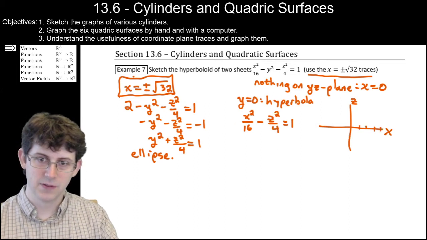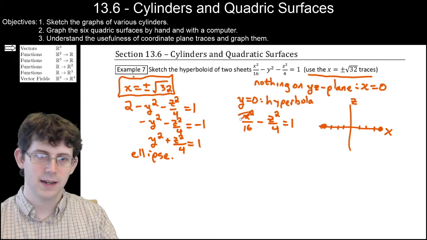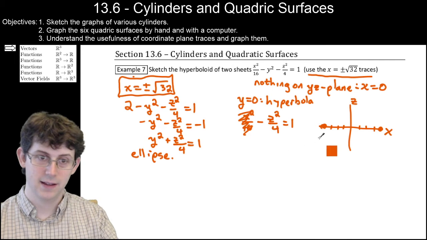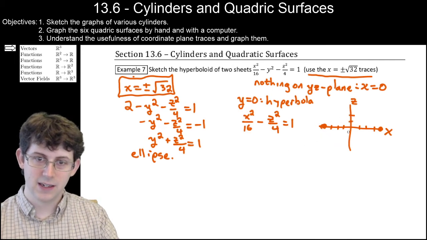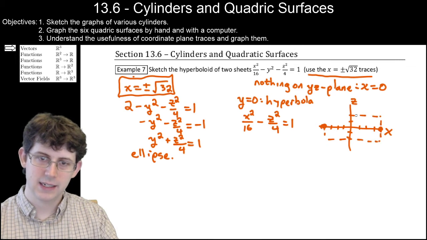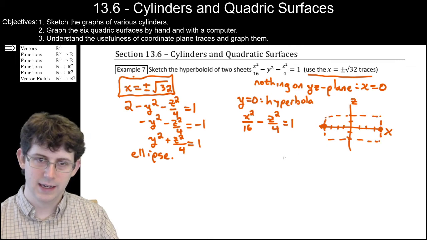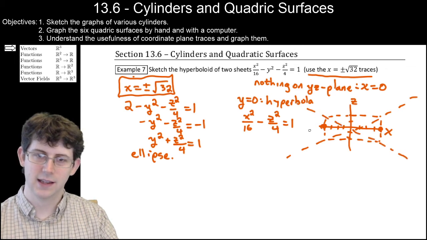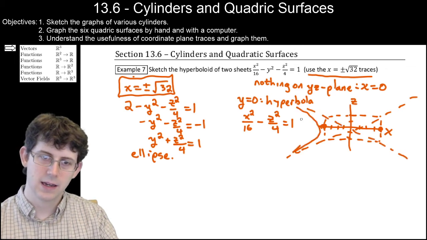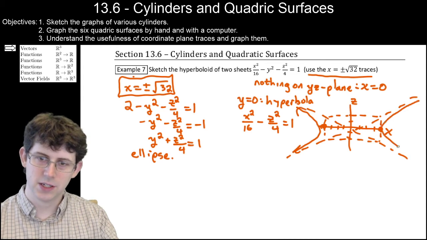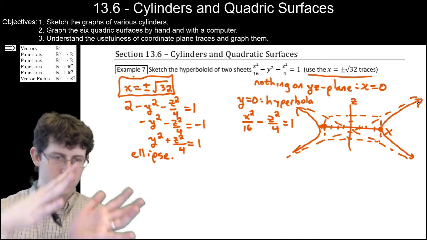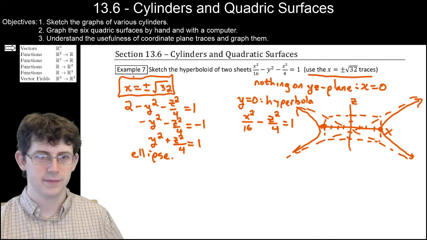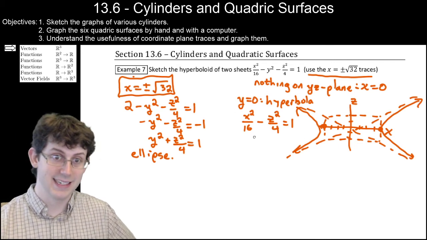That's out at x equals 4 and x equals minus 4. If I try x equals 0, I get nothing. But I know that the z's go out by 2 and minus 2. So I have this box, and connecting the diagonals tells me how squeezed the hyperbola is going to be. So it's kind of squished vertically. This is when y equals 0 in the xz plane.